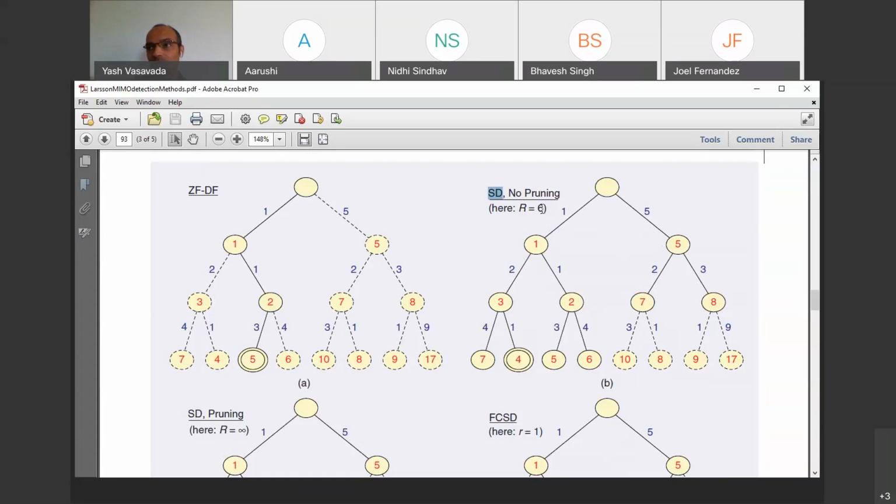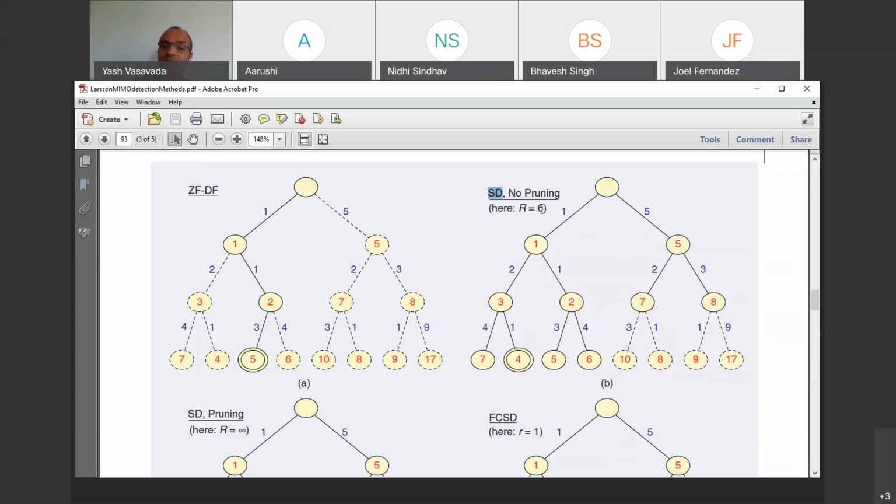Yes, sir. If I can trap, let's say even one point within the sphere, then there is a guarantee. Remember, the sphere is centered at the received vector. The center of the sphere is the received vector.